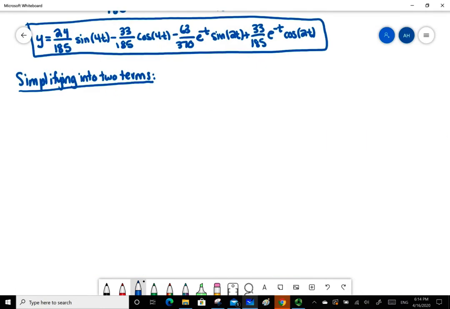For the particular solution, we need to combine 24 over 185 sine of 4t and negative 33 over 185 cosine of 4t.